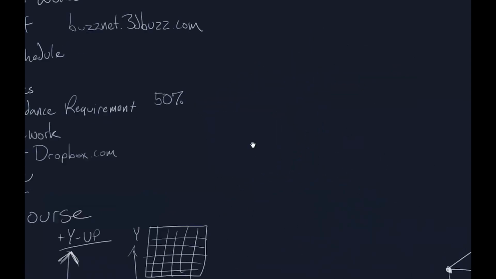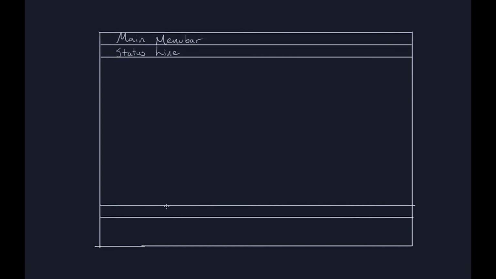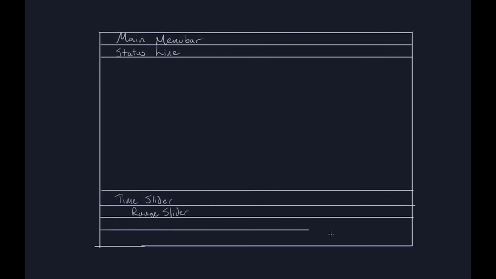And actually, let's take a minute to fill out the rest of our little document here. We had the status line. Let me give myself a little more space, because I write very large. We had the time slider. We had the range slider. We had the command line. I can't spell command all of a sudden.